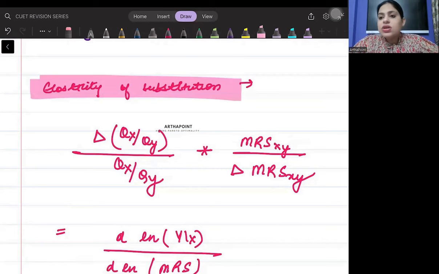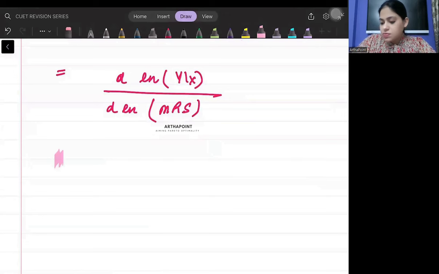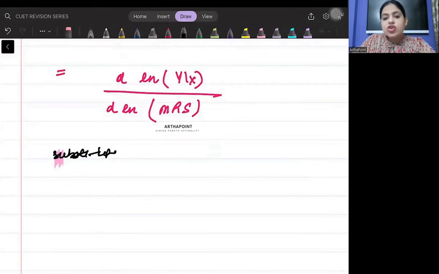Now we need to know the numbers also. So just remember that for perfect substitutes, ये जो elasticity of substitution होता है, that is basically 0. You cannot, it is infinity, sorry.